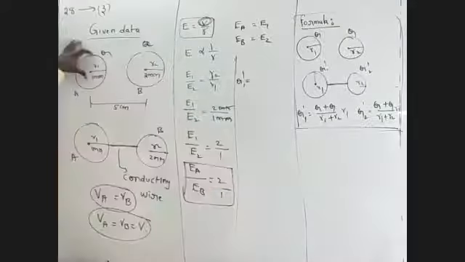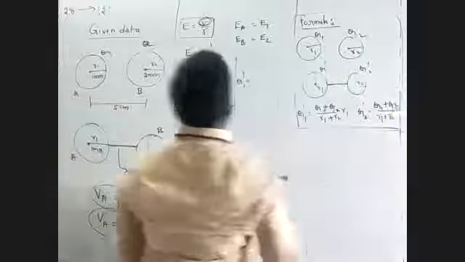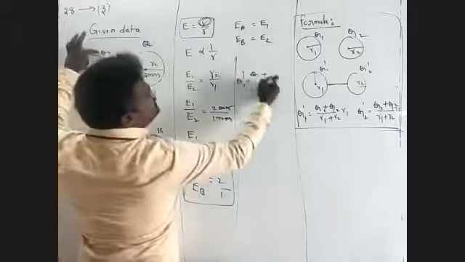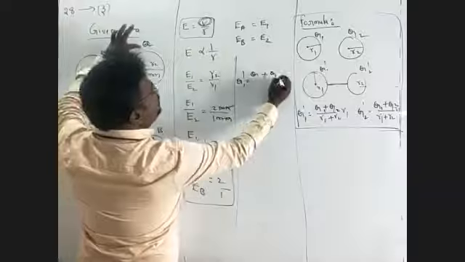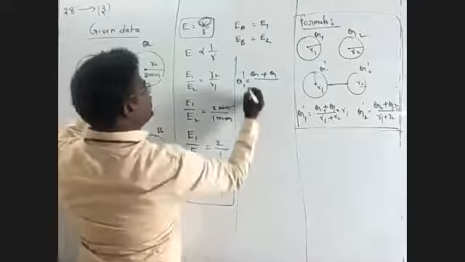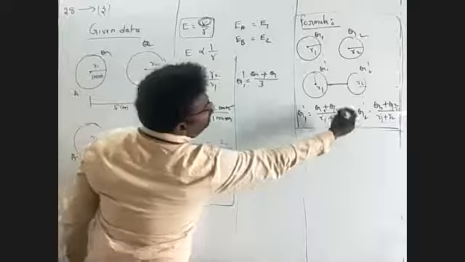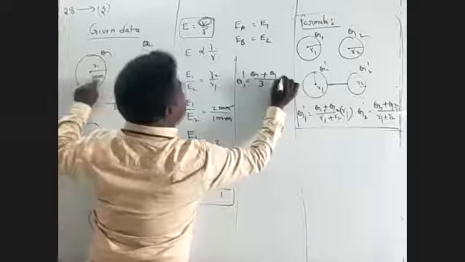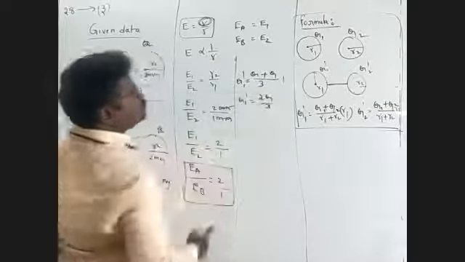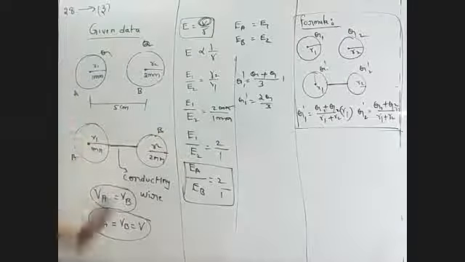Now, what is the Q1? Q1 means Q plus Q divided by R1 plus R2. R1 plus R2 is 1 plus 2, that is 3, into R1. R1 is 1. So Q1 dash is equal to 2Q by 3.